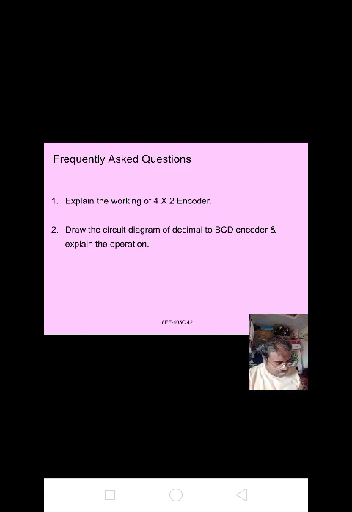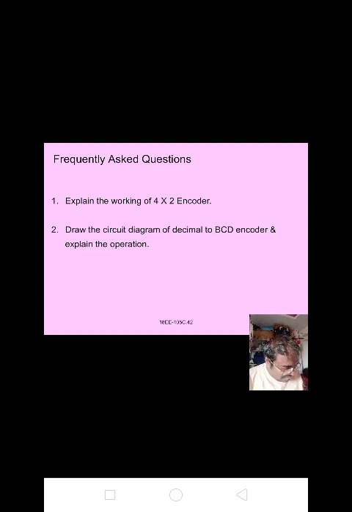If n equal to 2, 2 power n equal to 4. That is a 4 into 2 encoder, which means inputs are 4 and outputs are 2.